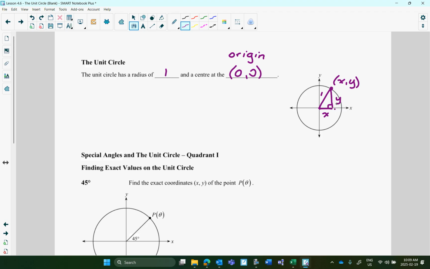So that's putting a right triangle in the unit circle, because remember it has to have a radius of 1, with a hypotenuse of 1. Remember, we just created 2 right triangles using angles 45, 30, and 60 that had hypotenuses of 1.